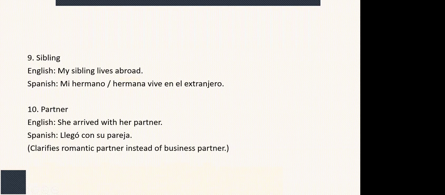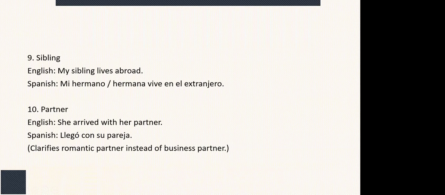Sibling, same thing happens. When people speak in terms of siblings, it's because they don't want to reveal who the person is. They don't want to tell you if it's his brother or sister. Partner is the same. And this partner could be a romantic partner, a business partner. I think we have adopted something similar here.